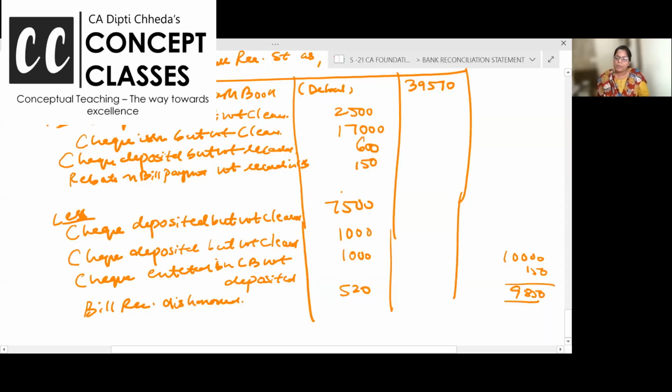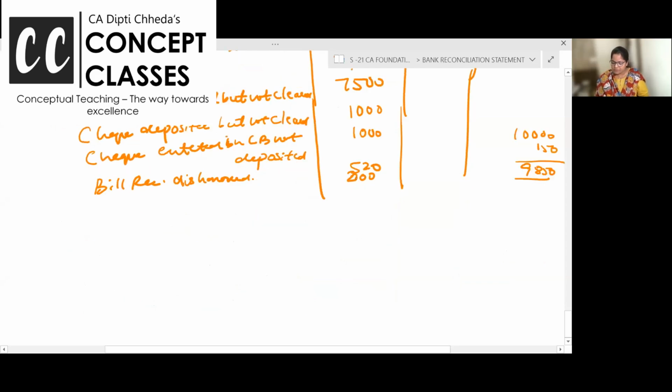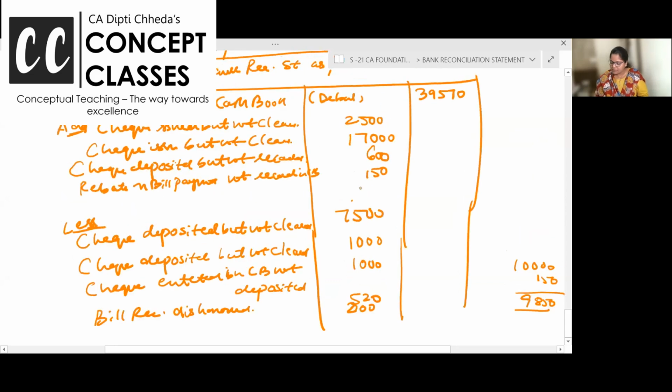चलो इसको लिखेंगे अभी 200 rupees. Add check withdrawn in saving account wrongly credited.